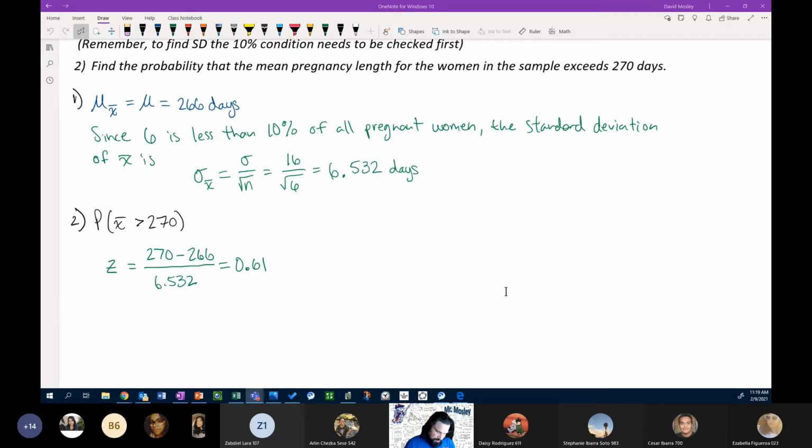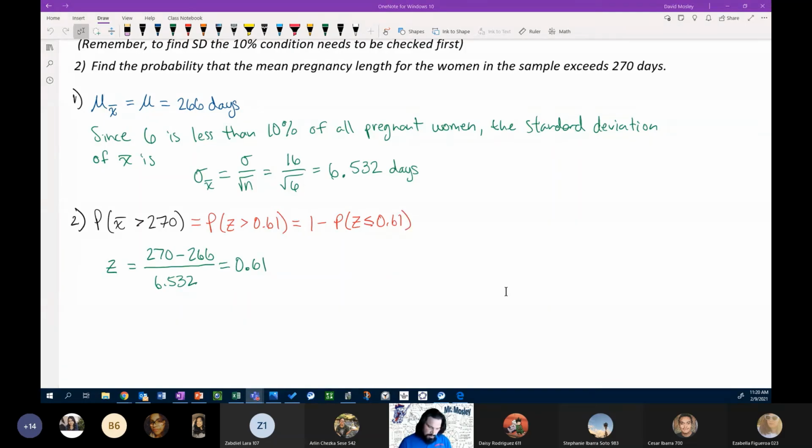Okay, so now we'll say, well, this has to be equal to the probability of z being greater than 0.61. But remember, table A only gives us less than or equal to probabilities, so we're going to use the complement rule. Say that this is equal to 1 minus the probability of z being less than or equal to 0.61.